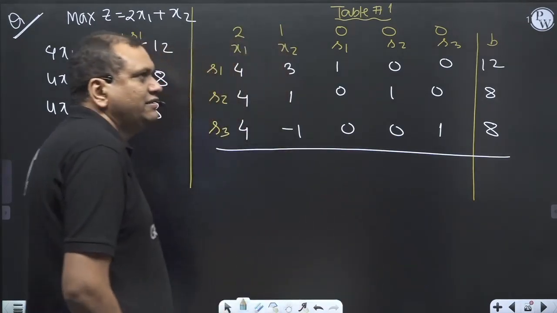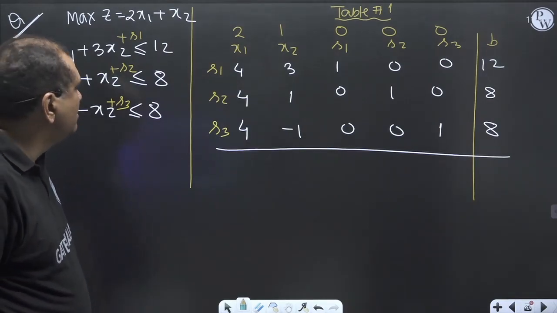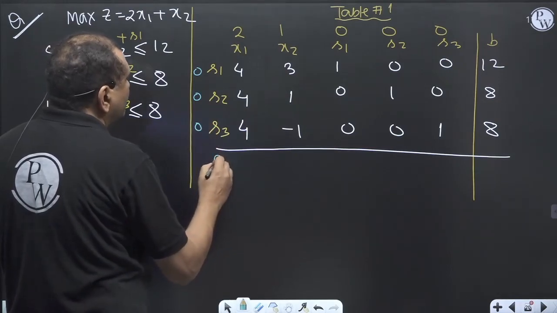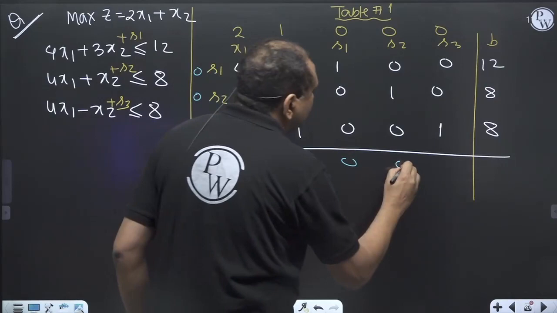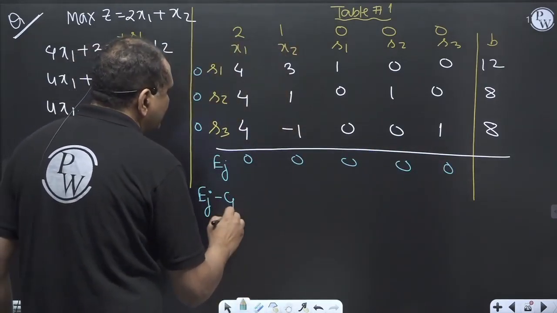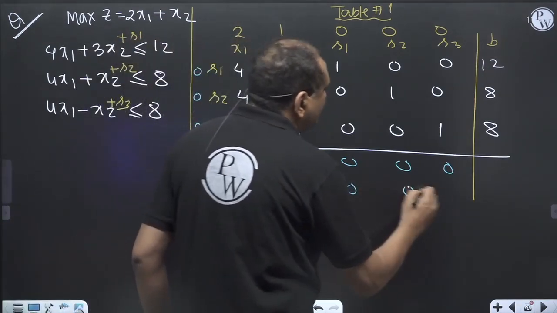Let us solve it, then we will come to know what problem we will face. Zj is 0, 0, 0, 0, 0, and Cj minus Zj is minus 2, minus 1, 0, 0, 0.